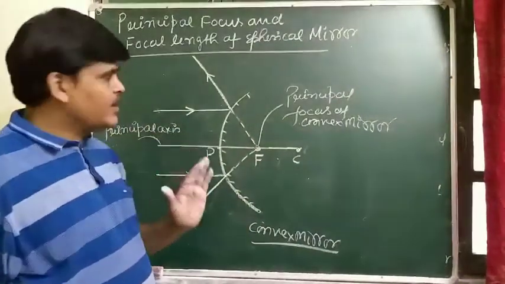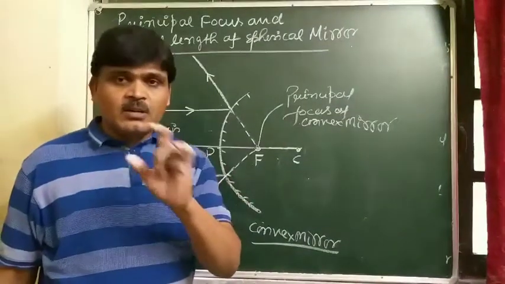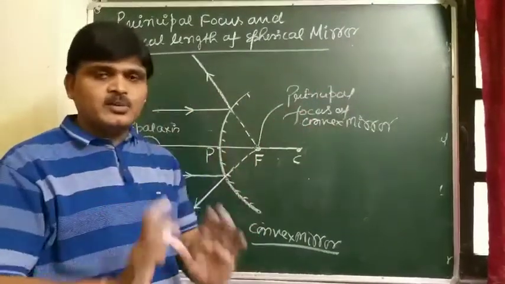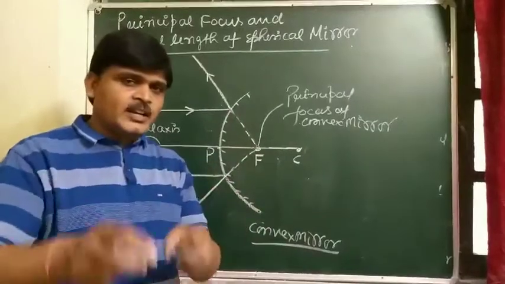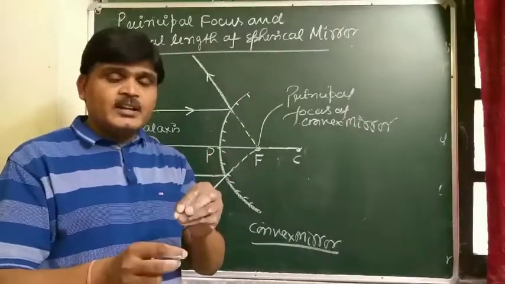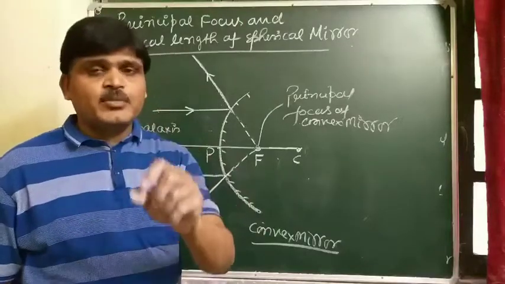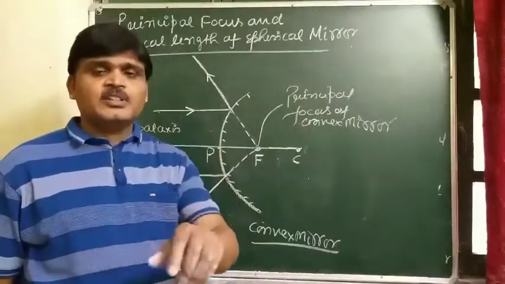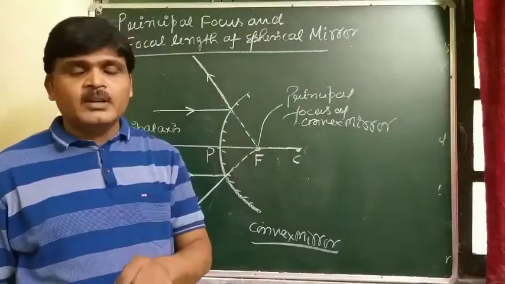So in general, in case of a concave mirror, if a ray applied parallel to the principal axis, after reflection, the reflected ray actually intersects at a point on the principal axis, and that point is known as the principal focus of a concave mirror.